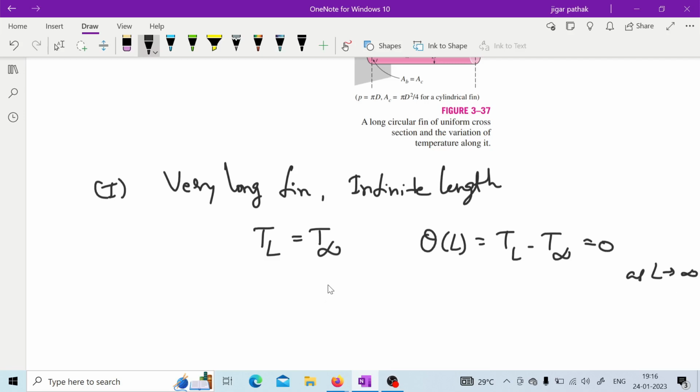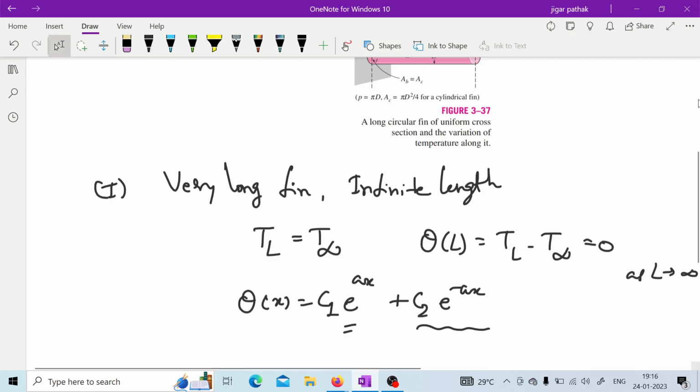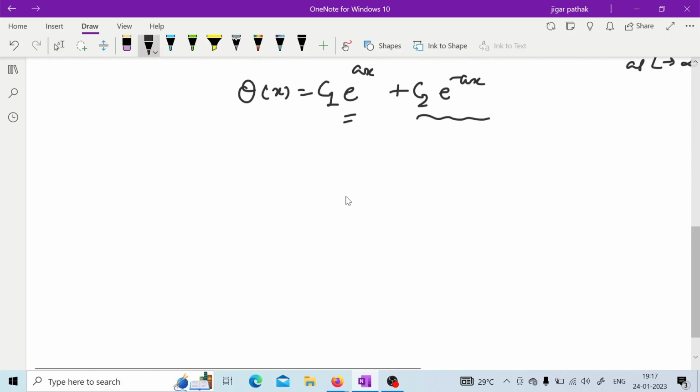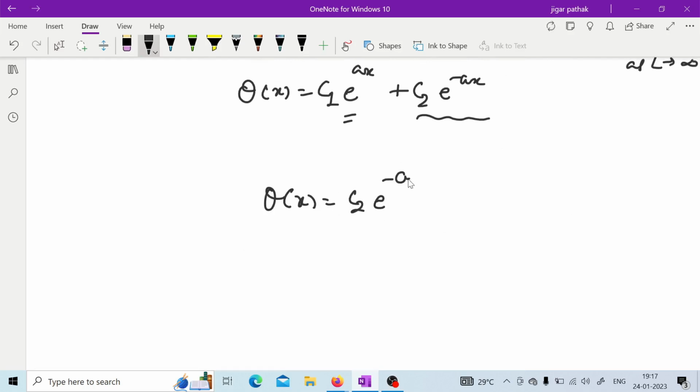Now if you put this condition in your equation theta x is equal to c1 e raised to ax plus c2 e raised to minus ax, only the second element will take part because the first will go to infinity, so that is not a feasible solution. So for infinite length, theta x will be given by only c2 e raised to minus ax.